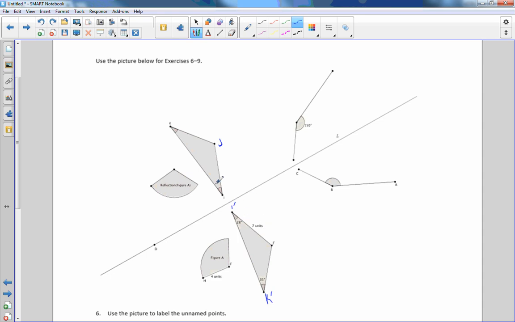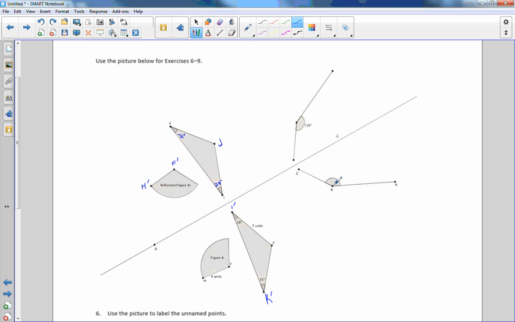28 degrees, so this is 28 degrees. And this is 31 degrees, so this is 31 degrees. This is a reflection of figure A. Figure A is here. And this is the point F. So this is the point F prime. This is the point H. This is the point H prime.